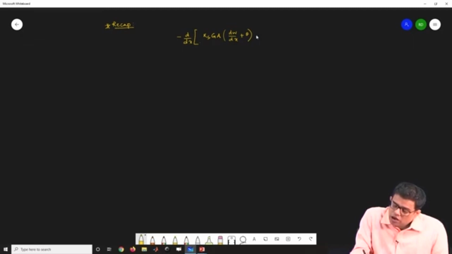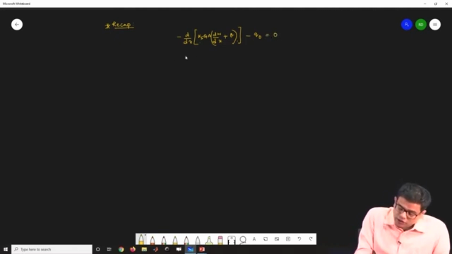That is, ks G A d/dx of dw dx plus theta, and then we have the force, that is minus q0 or q, which can be a function of x also.